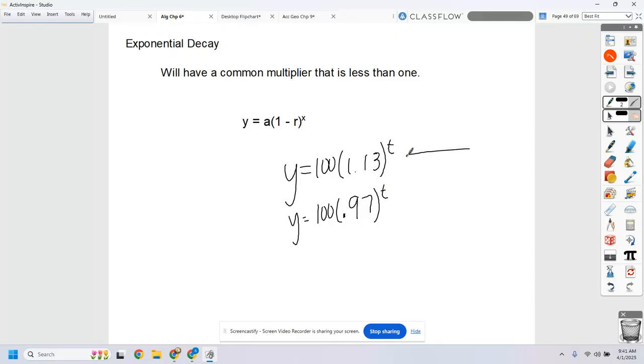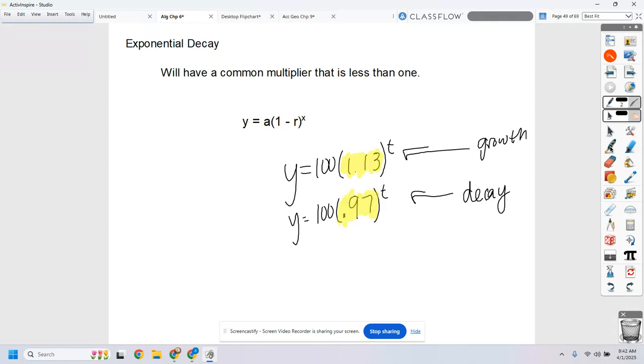So this one that I wrote first is growth, because the multiplier is greater than 1. The common multiplier is 1.13. That has nothing to do with the rate, but I can look at that stuff in the parentheses and say, hey, that's growth. This one is decay, because my common multiplier is less than 1.